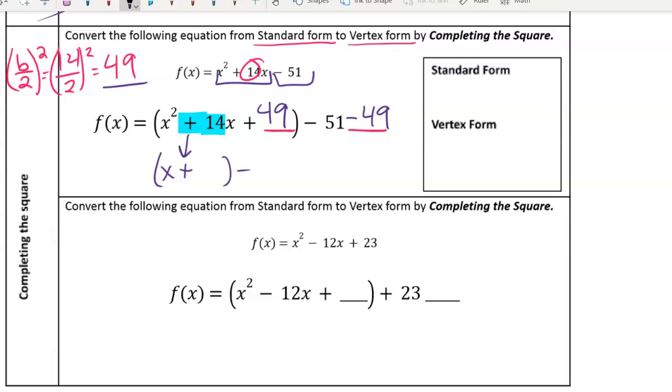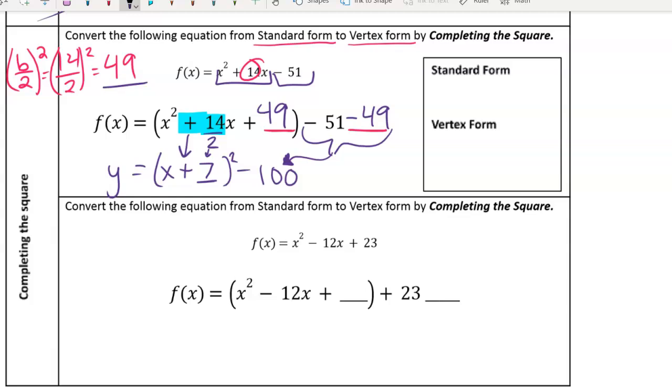So the sign comes down, and then for the 14, we're going to divide it by 2, and that will give us our number that goes here. So 14 divided by 2 is 7. So we'll have x plus 7 squared, and then this will give us our outer number here. So negative 51 minus 49 gets us negative 100. And that's our answer.